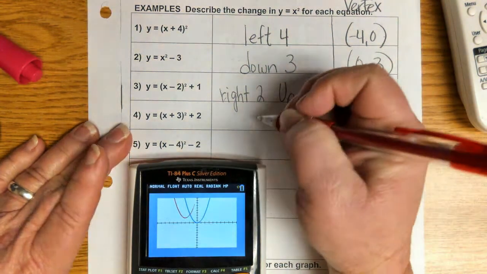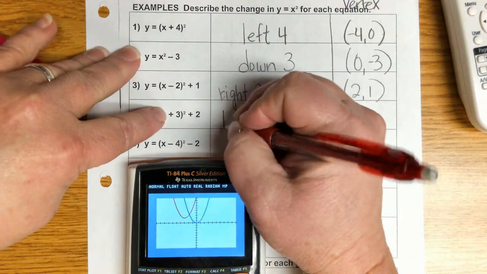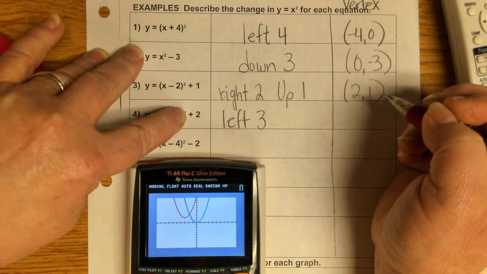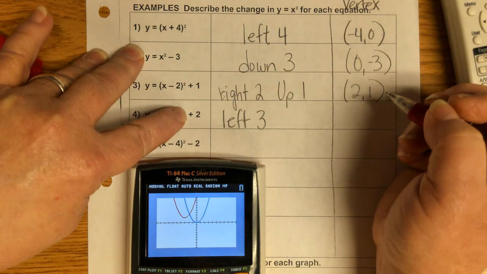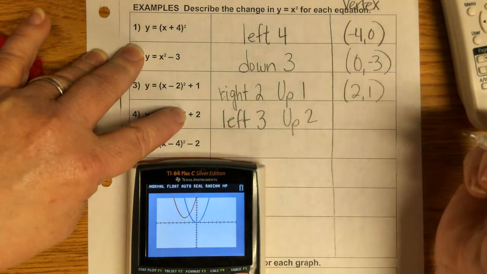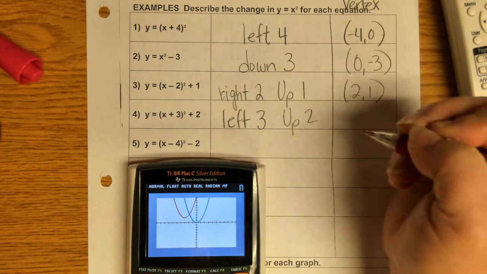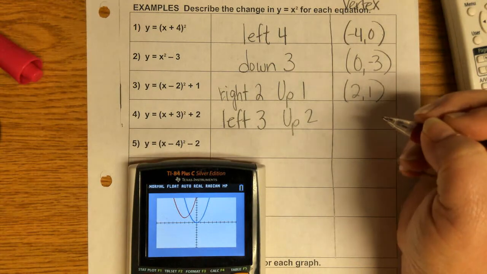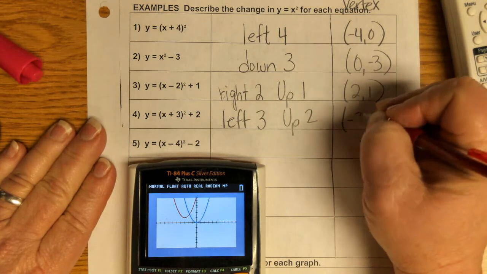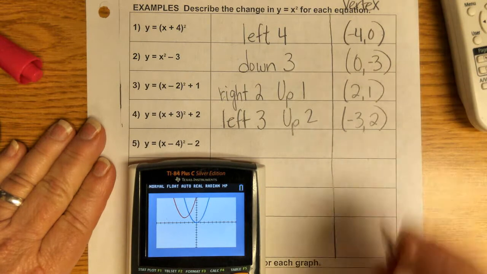The plus means we move left 3, and the plus 2 means we move up 2. So if I move from 0, 0, left 3 and up 2, my vertex is now at negative 3, 2.